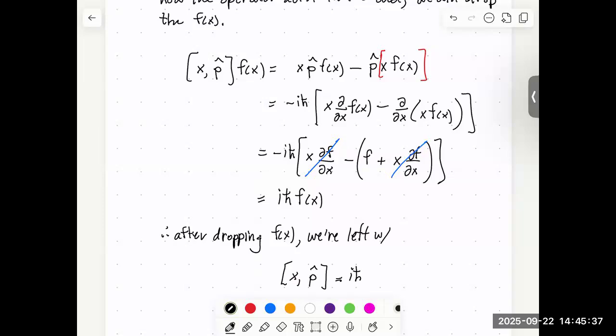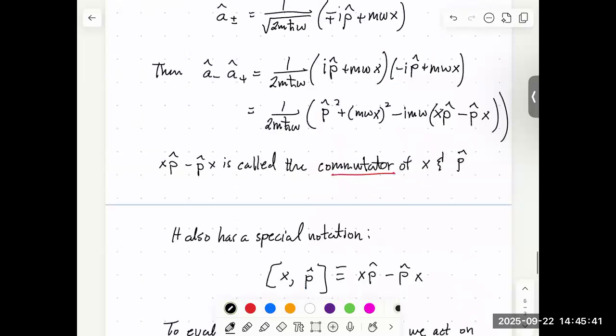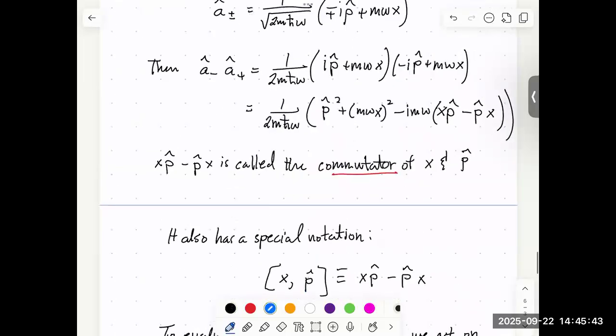And so what we're going to do is go way back here and say this thing is the commutator of x and p hat. I'm going to call this whole expression star. And now we're going to go back to star, and here we're going to put whatever it was, like i h bar.